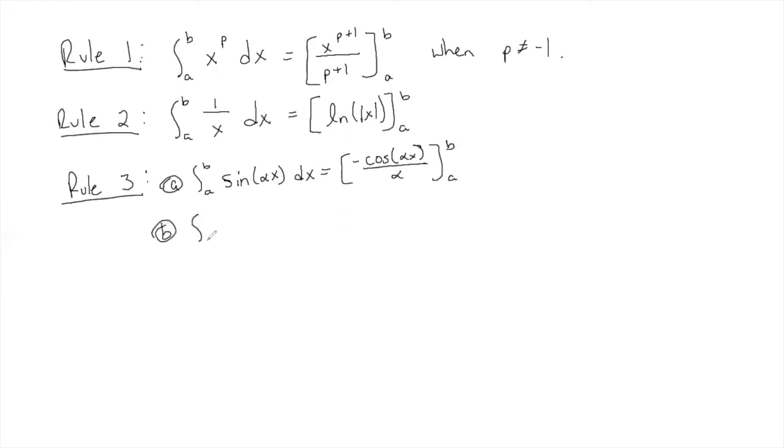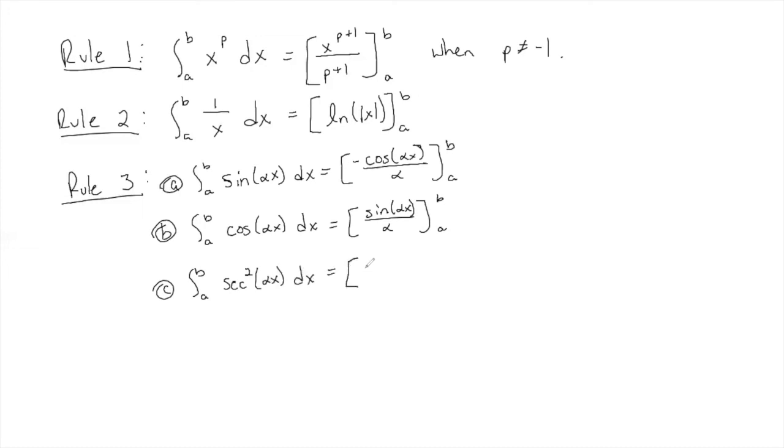B, integral from a to b of cosine of alpha x dx is sine of alpha x over alpha from a to b. And C, integral from a to b of secant squared of alpha x dx equals tangent of alpha x over alpha from a to b.